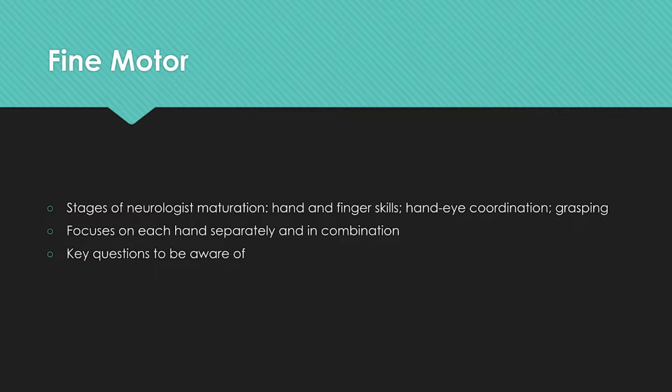Next, we're going to move to fine motor skills, and fine motor is that eye-hand coordination. We're going to talk about some of the key questions to be aware of, and one of them is item 2.1 on holding the toy actively.